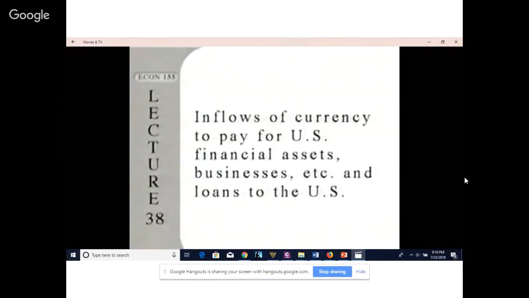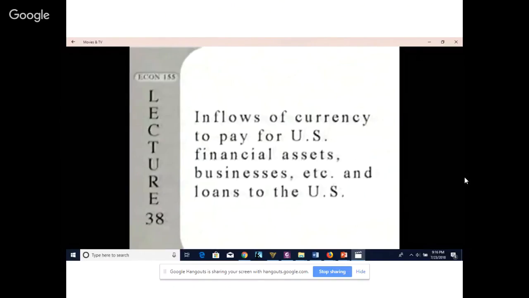So let's recap a little bit more. When we talk about a capital account, we buy assets, financial assets, right? So you need to use a currency. In this case, the inflows of a currency to pay for financial assets, business, and loans to the United States, that will be considered inflow.